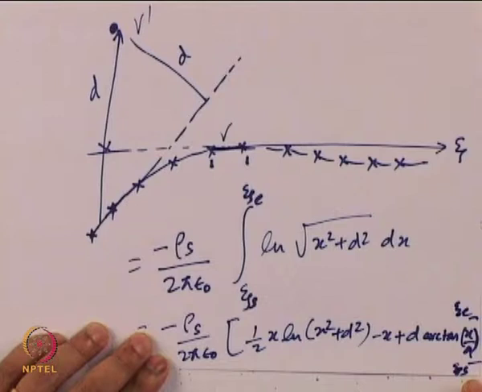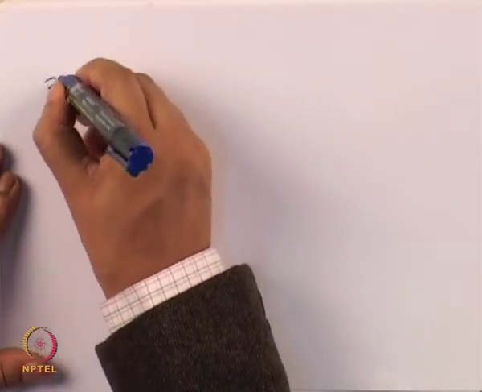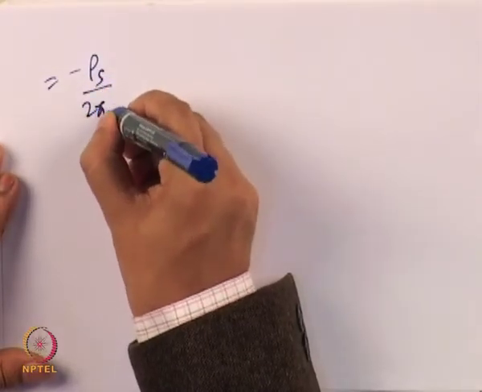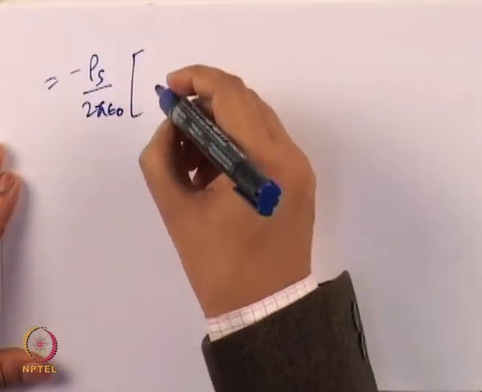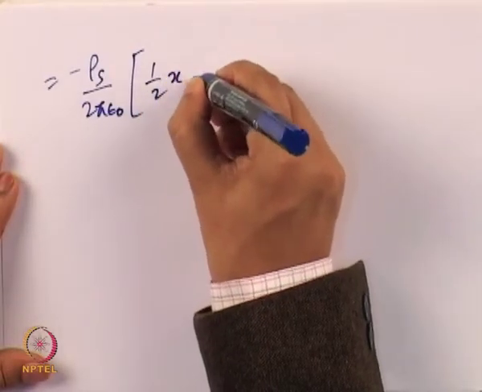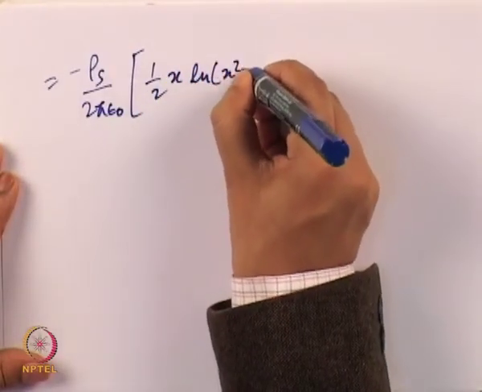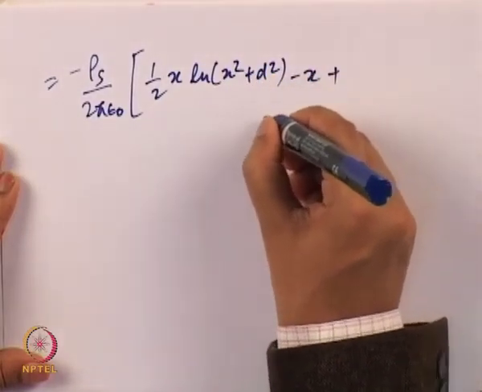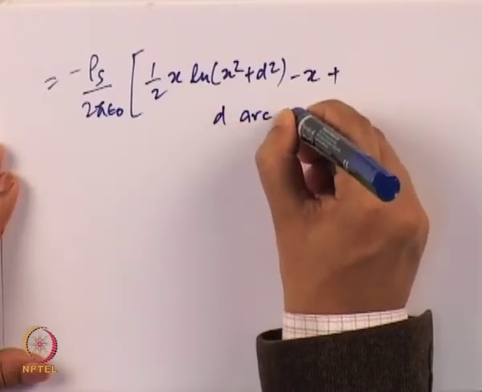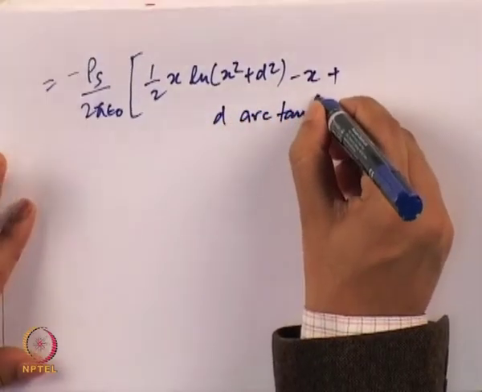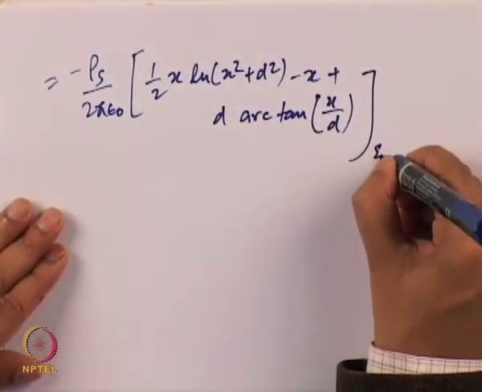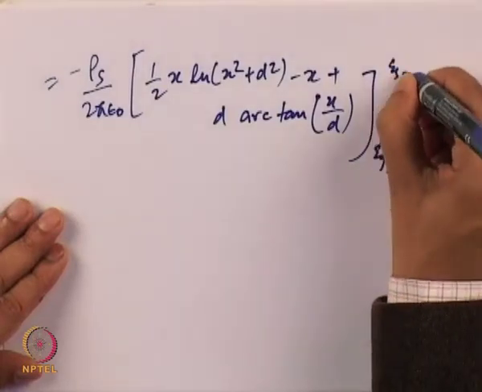Let me write this expression in a much clearer form here. The response function is equal to minus rho s divided by 2 pi epsilon naught, times 1 by 2 x ln of x square plus d square, minus x plus d arc tan x by d, under the limit zeta s to zeta e.